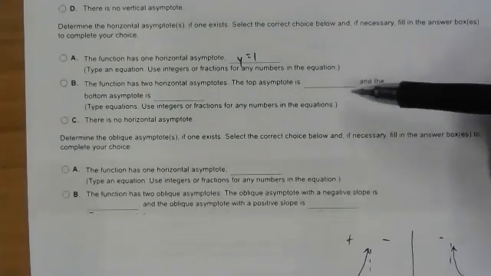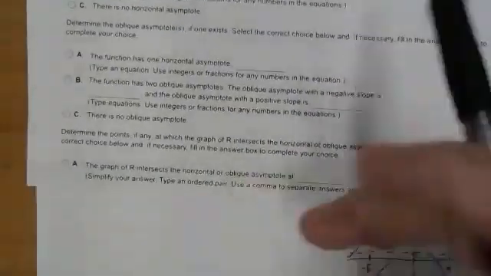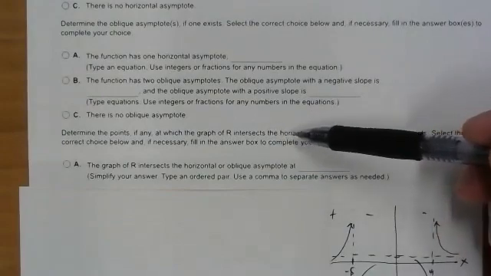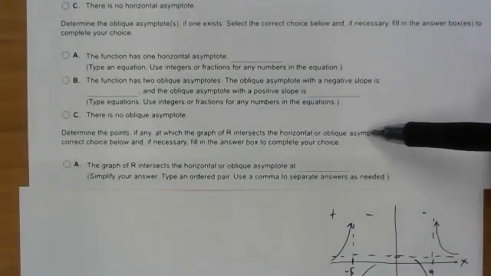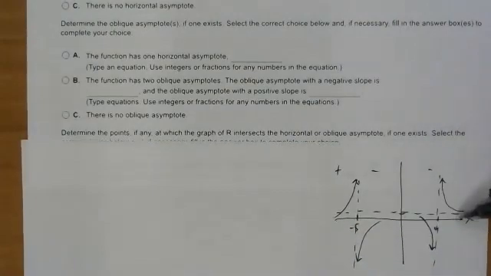But I think there are more questions. Here it is. Determine the points, if any, at which the graph of R intersects the horizontal or oblique asymptote. So the asymptote is y equals 1.